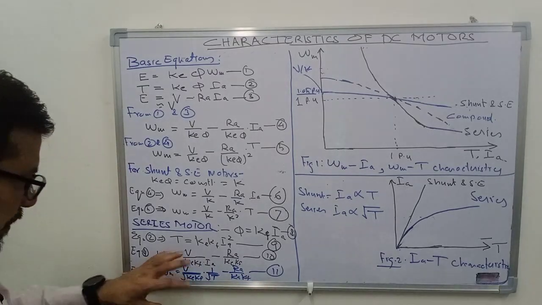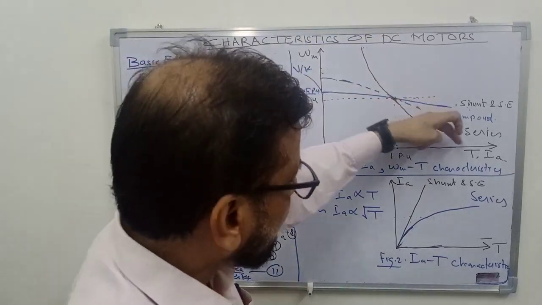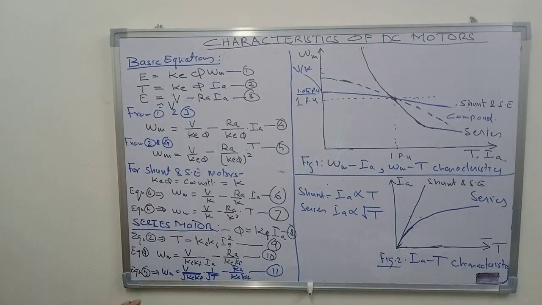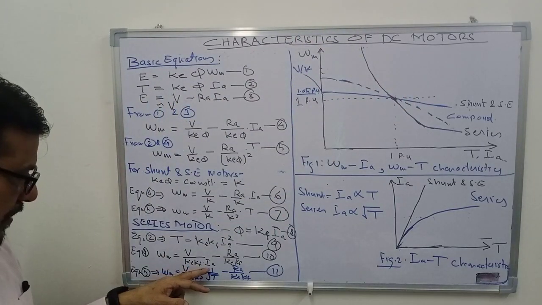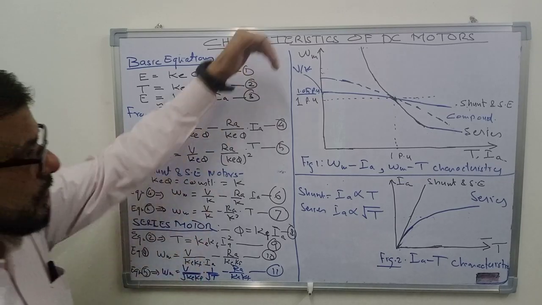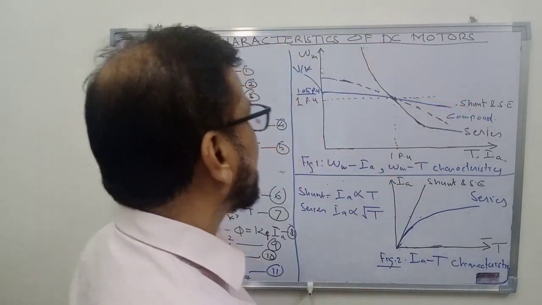So these equations can also be drawn here, and you can see that the characteristic now depends on Ia also. So this is inversely proportional to Ia. So the speed decreases as the current increases.